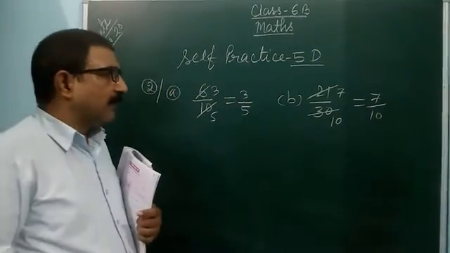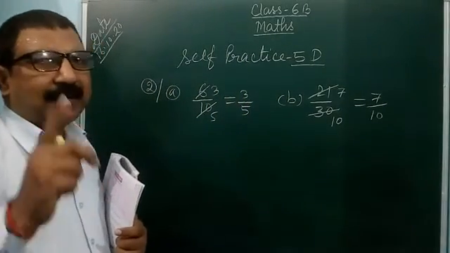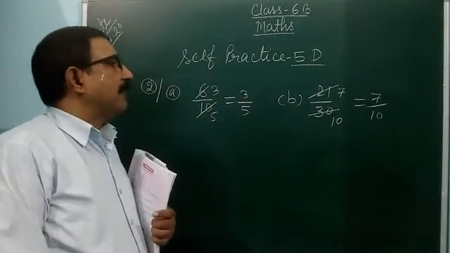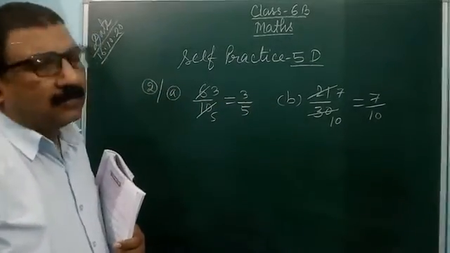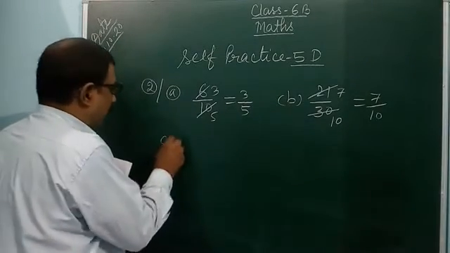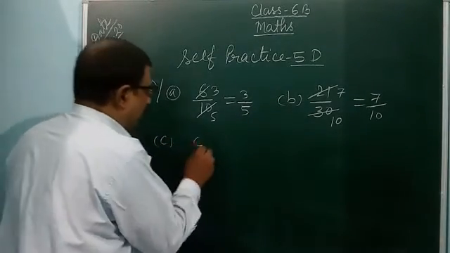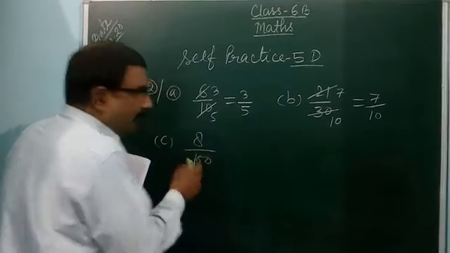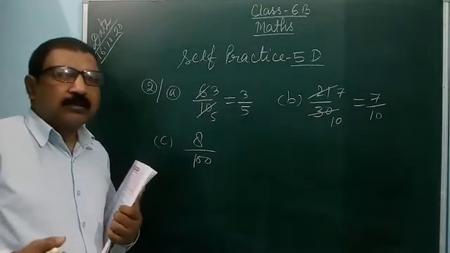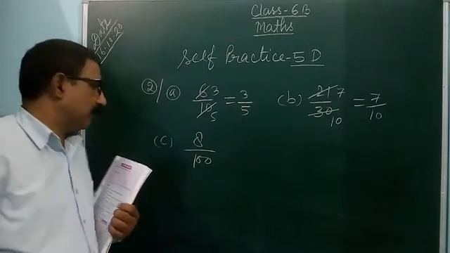So both are different, so it has only one common factor. So 7 by 10 is the lowest term of 21 by 30. Like that you can do the cancellation method. Question number C, 8 by 100. I am using the cancellation method. You can also use the cancellation method or HCF method.